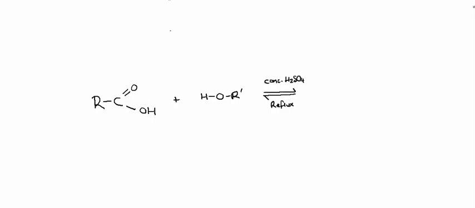During this process, water is also formed. So what happens is we take an OH from here and a H from here, and that's going to give us our water.